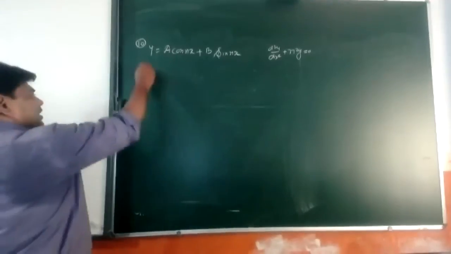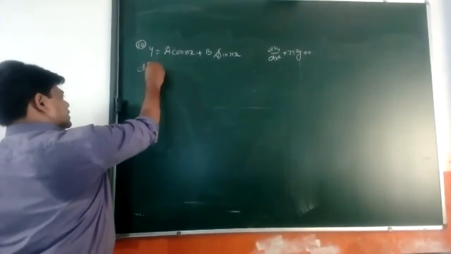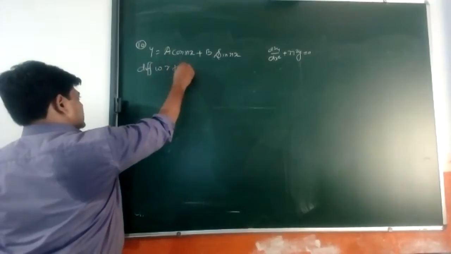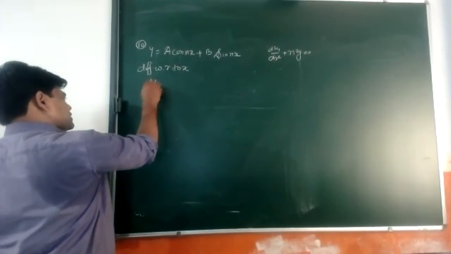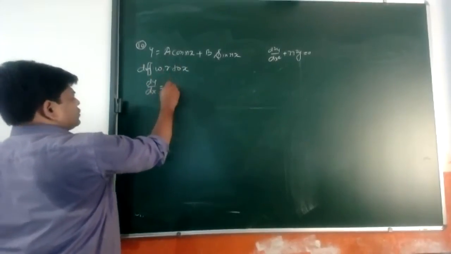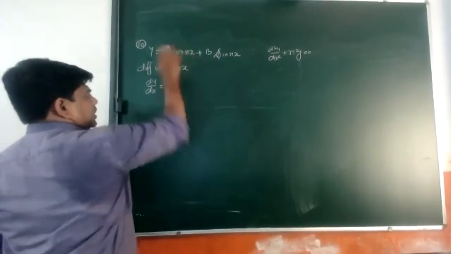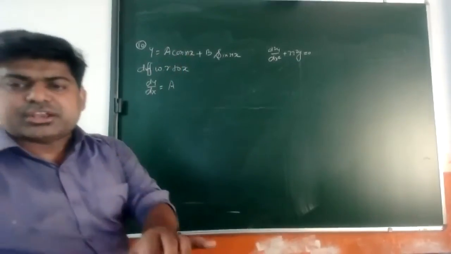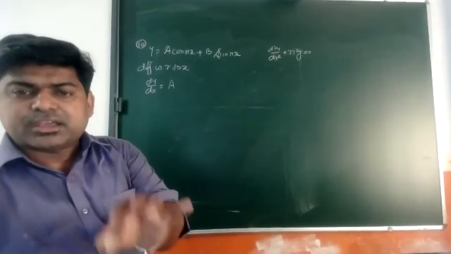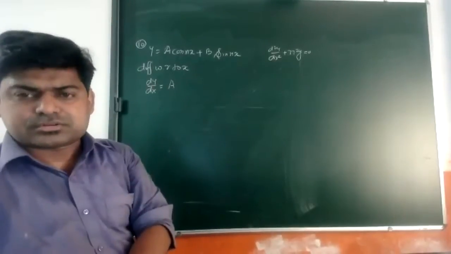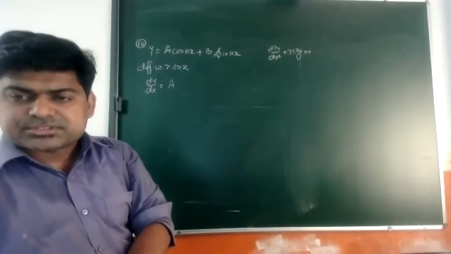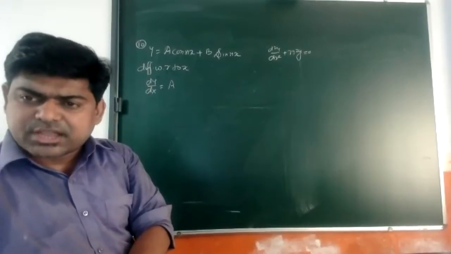See, if I write here, differentiating with respect to x, it will be dy by dx is equal to a into differentiation of cos nx, which will be minus sin nx into n. Differentiation of cos x is minus sin x.